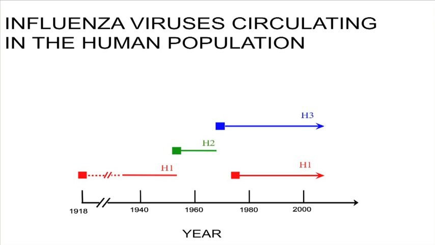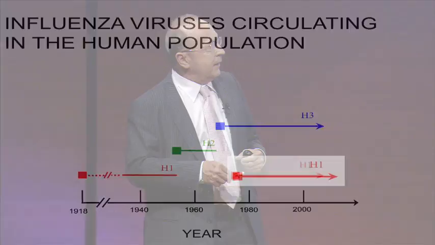Then in 1968, a new subtype emerged, an H3 virus, which is actually still with us in 2009. In addition, in 1977 another H1 virus reappeared, and it turned out that it was very similar to a 1950 strain. So in 2009, we have H1 viruses, H3 viruses circulating, and in addition, also an influenza B virus.